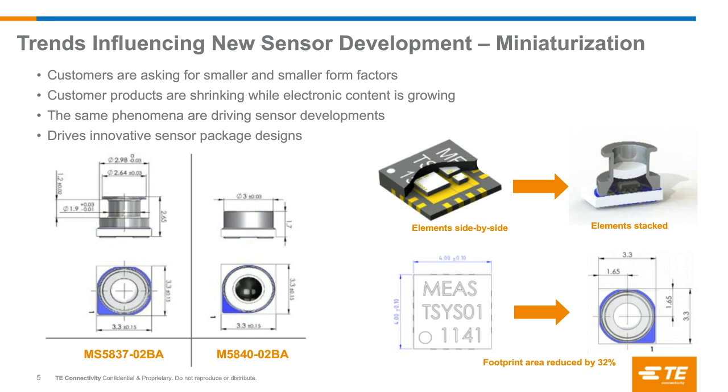But by laying them all out side by side, the particular package you see on the left there is 4 millimeters on a side. It's 4 millimeters square. We have redesigned many of our sensors so that we no longer place the components side by side, but we stack them on top of each other. What that does is reduce the footprint of the sensor from 4 millimeters square to 3.3 millimeters square.